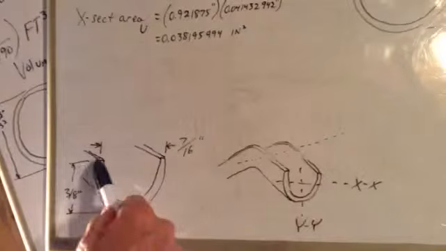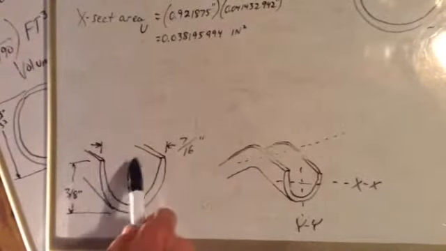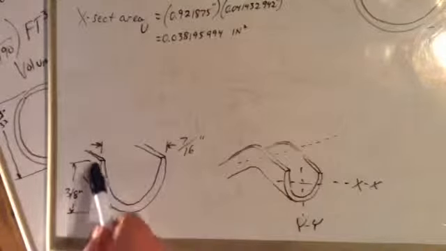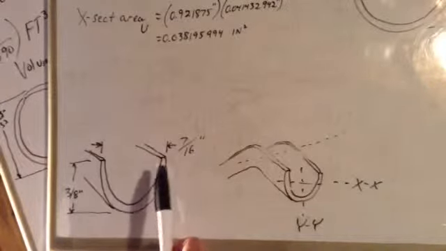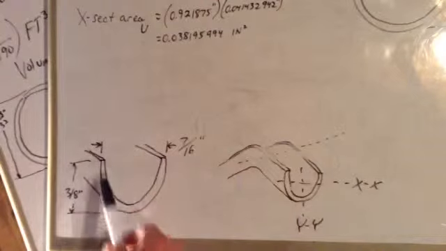Now that we know the wall thickness of our U-shaped beam or column, we need to find out what our length is here. My best estimation is 0.921875 inches from here to here.